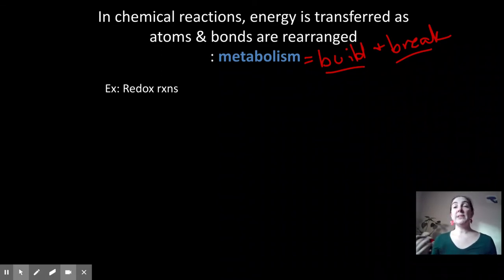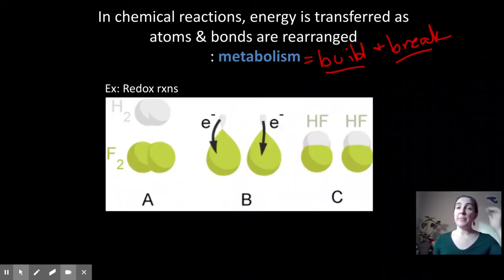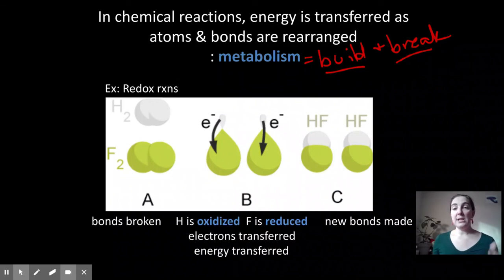One that you will hear a lot about in this unit that you may have heard about before are redox reactions, one type of chemical reactions. Redox stands for oxidation and reduction. In terms of biology, you don't need to know tons and tons about this. The important things to know about this is this right here.